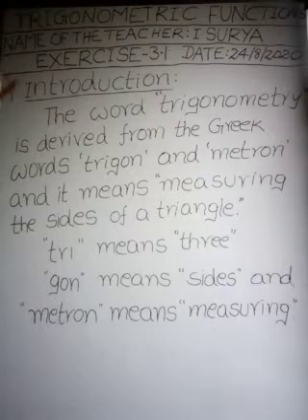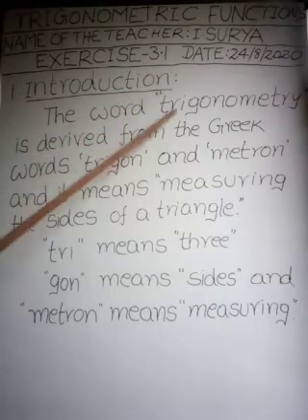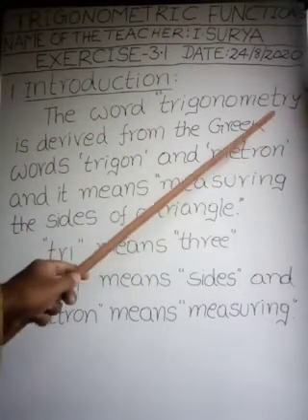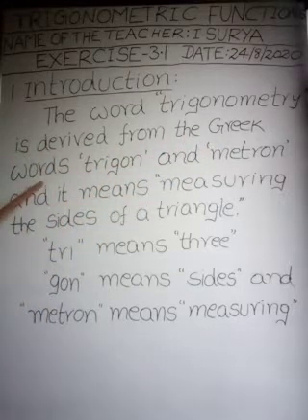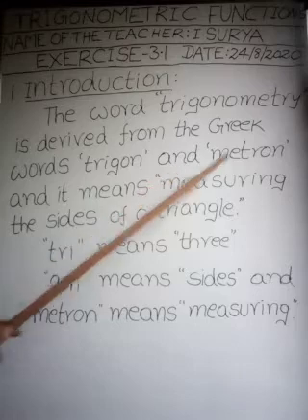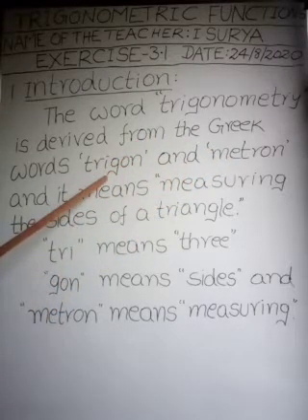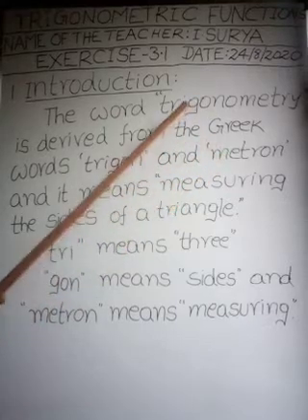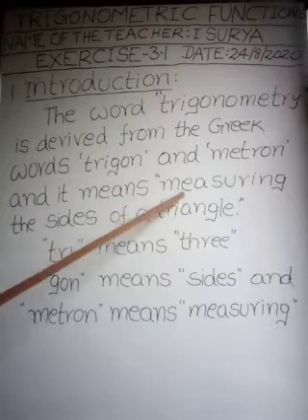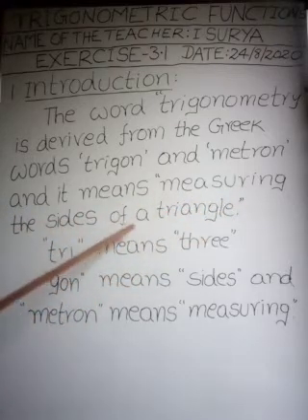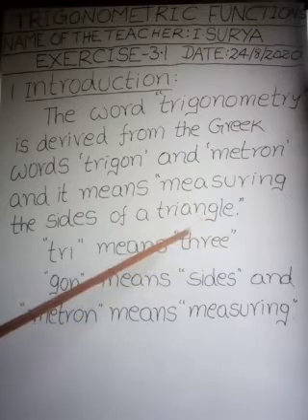Now come to the first point, introduction. The word trigonometry is derived from the Greek words trigon and metron, and it means measuring the sides of a triangle.